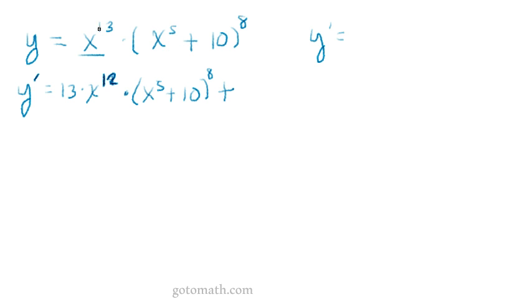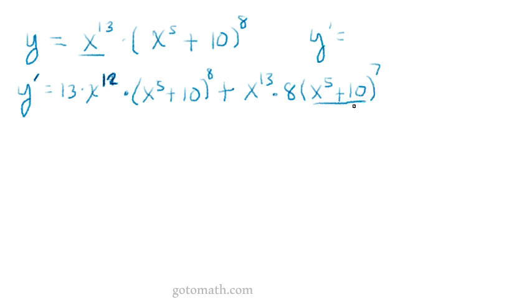Now we're going to rewrite the first part and take the derivative of this one here now. Alright, so we take the 8, bring it out front. X to the 5th plus 10, always rewrite what's in parentheses. Subtract 1 from the exponent, so that becomes a 7.